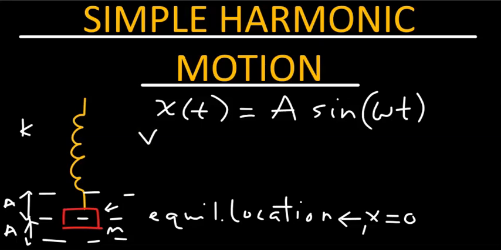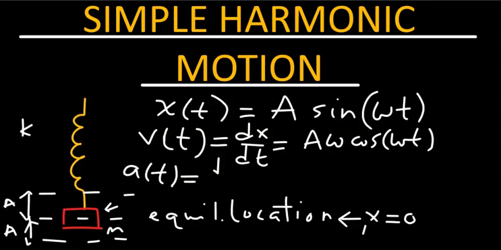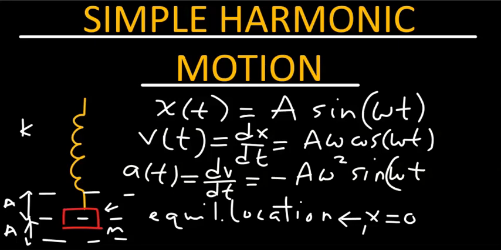What can you say about the velocity of this block at any time t? Velocity is just the time derivative of the position, so you will get v equals minus A omega sine omega t. Likewise, the acceleration of that block at any time t can be obtained by taking the time derivative of the velocity, and we will get minus A omega squared cosine omega t.